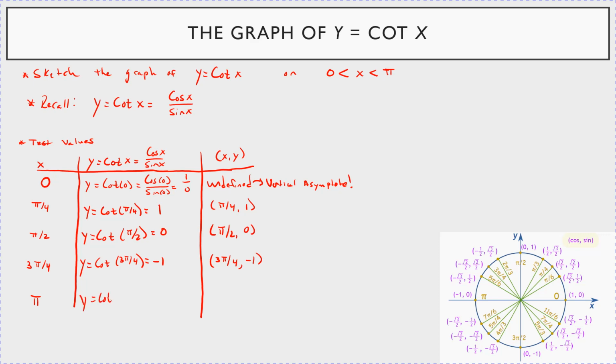And then check out this: when you plug in pi, it's going to be cosine of pi over sine of pi. You get negative 1 divided by 0. Again you divide by 0, so it's undefined there, which means we've found, just like with the tangent graph, the next consecutive vertical asymptote.